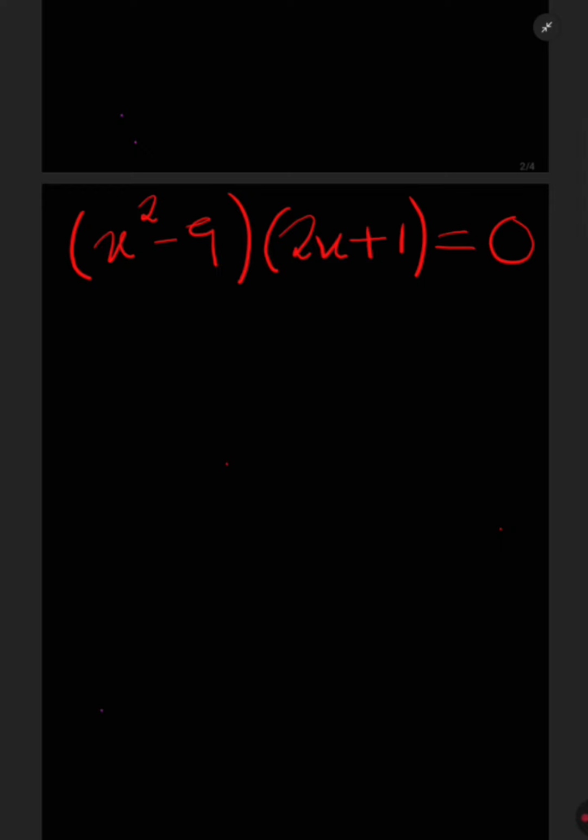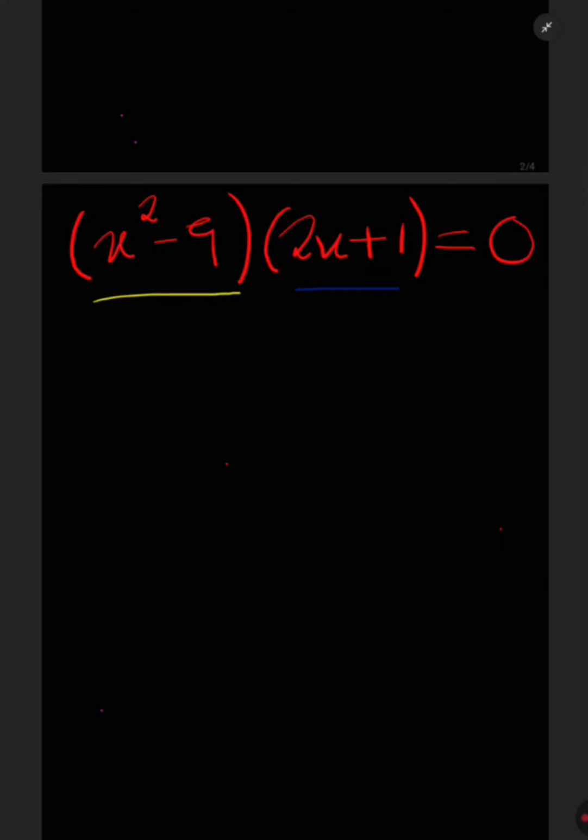How many factors do you have here? You've got two factors as well. 2x plus 1 is a factor, x squared minus 9 is a factor.